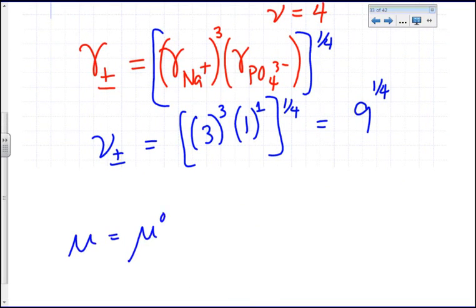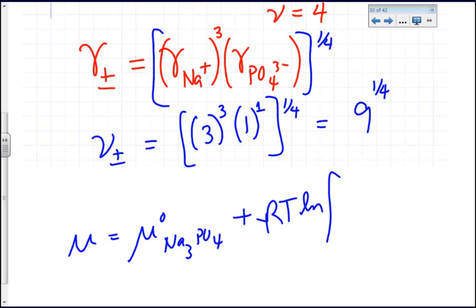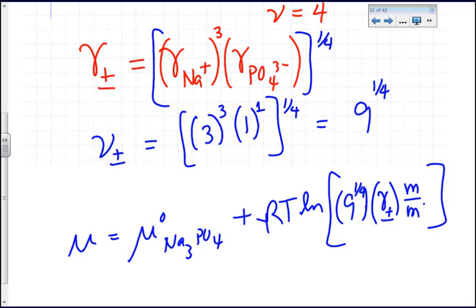Mu is equal to mu naught of sodium phosphate plus RT ln of nu plus minus, so 9 raised to the power 1/4, times gamma plus minus, times m over m naught, the whole thing raised to the power 4.